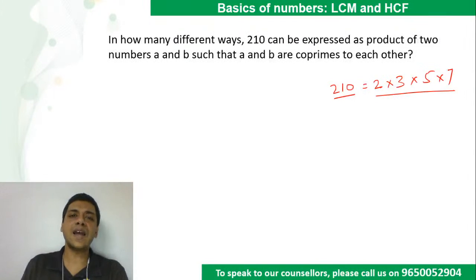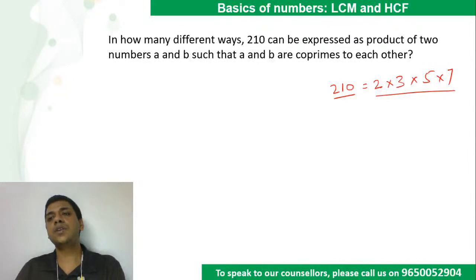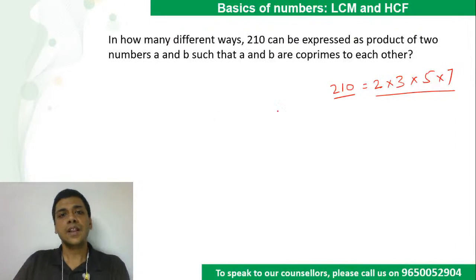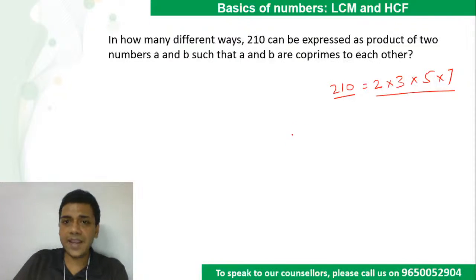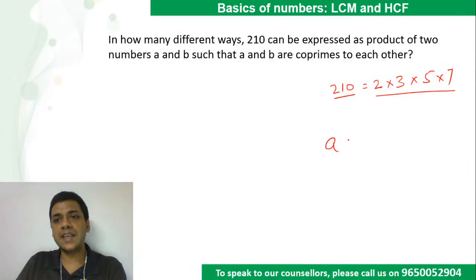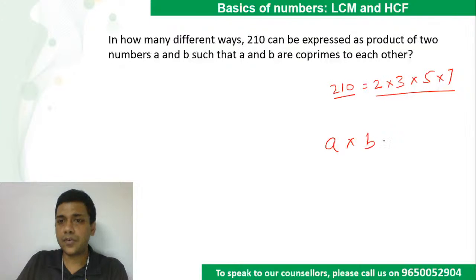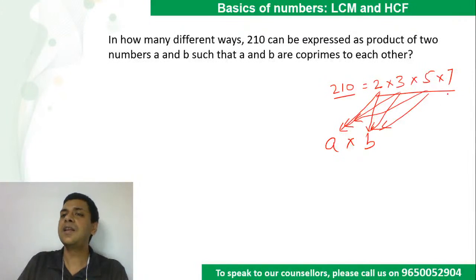Now in how many ways can I write 2 into 3 into 5 into 7 in such a way that these two numbers are co-prime to each other? Let's say there are two numbers A and B which are co-prime and which multiply to give me 210. Can I say 2 can be a part of A, or 2 can be a part of B; 3 can be a part of A, or B as well; 5 can be a part of A, or B as well; and similarly 7 can be a part of any one of the two numbers.